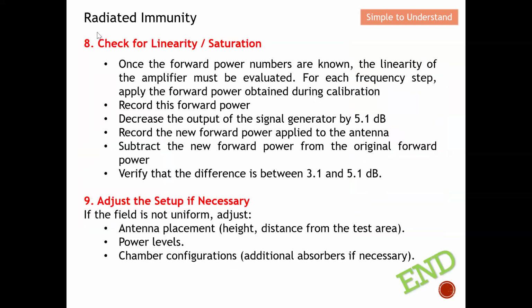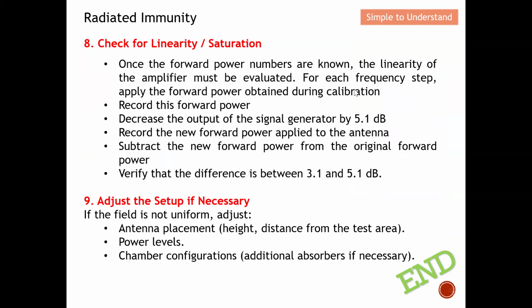Next, on step number 8, once we have found all the forward power, we need to check for linearity or saturation. Remember, the amplifier may be saturated, and this is something that we need to prevent. Once the forward power numbers are known, the linearity of the amplifier must be evaluated.